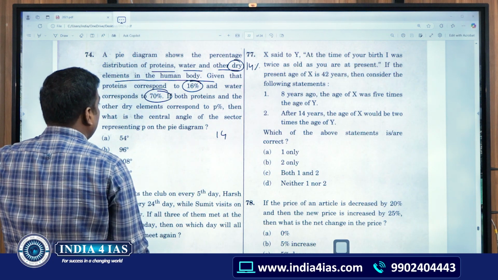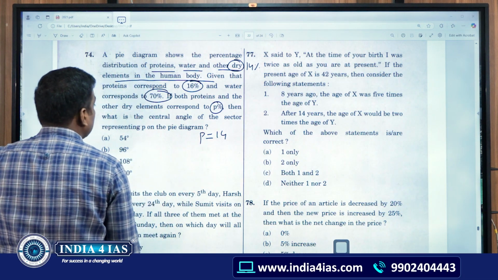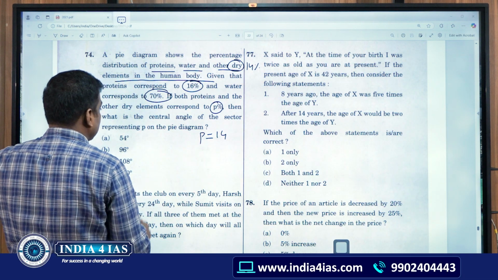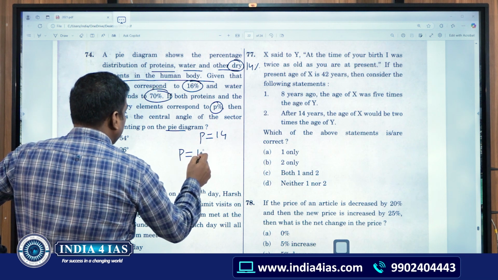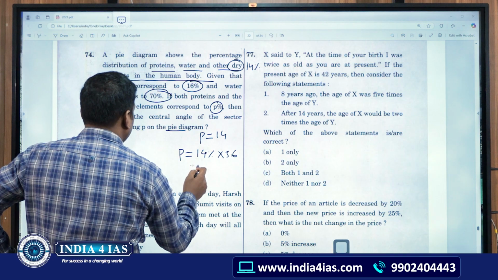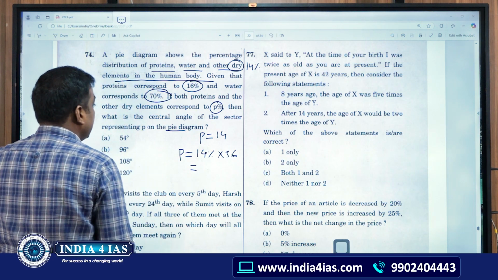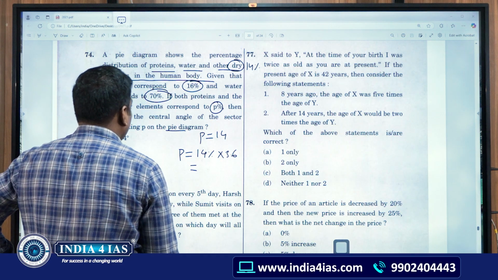Then the other dry elements P, so P is equal to 14 here. Then what is the central angle of the sector representing P on the diagram? Simple, P is equal to 14 here, right? So 14 percent multiplied by 3.6 degrees. So here we have to make 14% into 3.6.